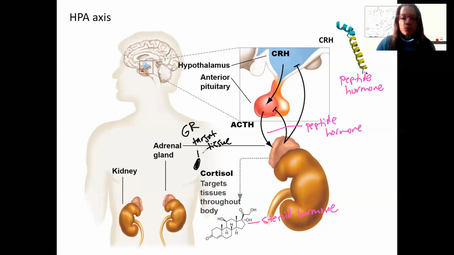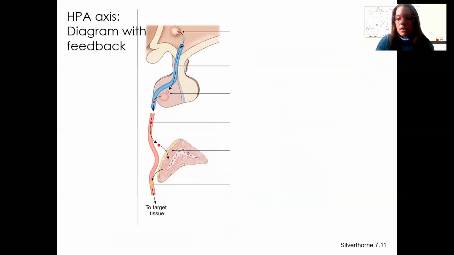It's going to be how cortisol exerts its effect. Glucocorticoid receptor acts as a transcription factor, right? Does that make sense? Yeah, it does. Cortisol also feeds back to turn off signaling in the hypothalamus and pituitary. Hey, the hypothalamus and pituitary both have glucocorticoid receptors as well. Cool, huh?